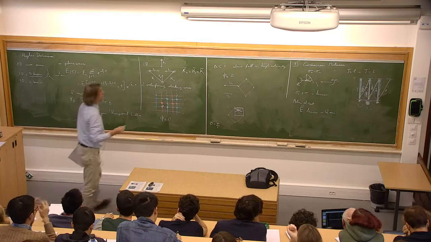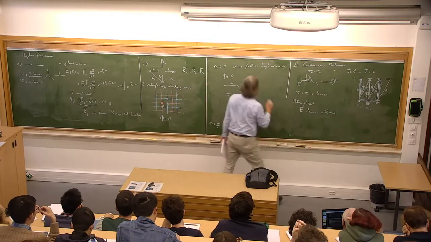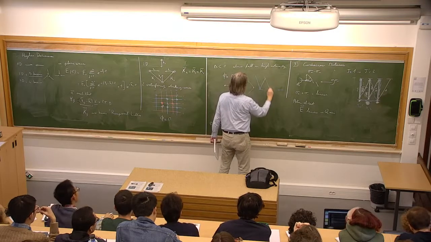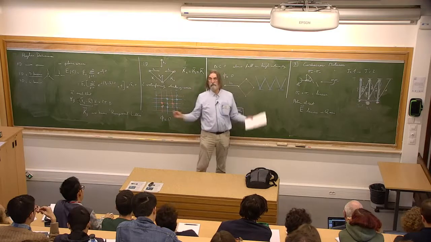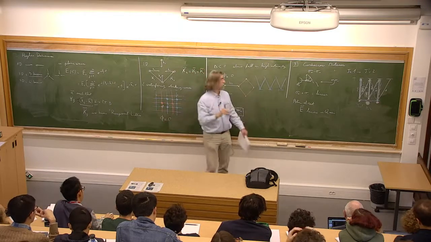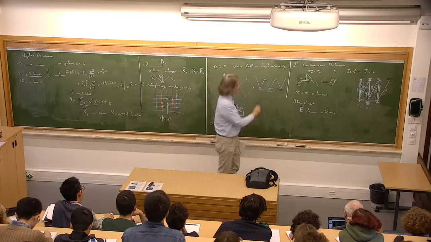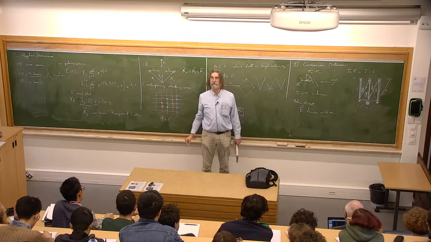And if you choose the quantization axis here, then you have everywhere two fields, sigma plus, sigma minus, and you have to compute the result for this one and the result for these two, and it is a bit messy.